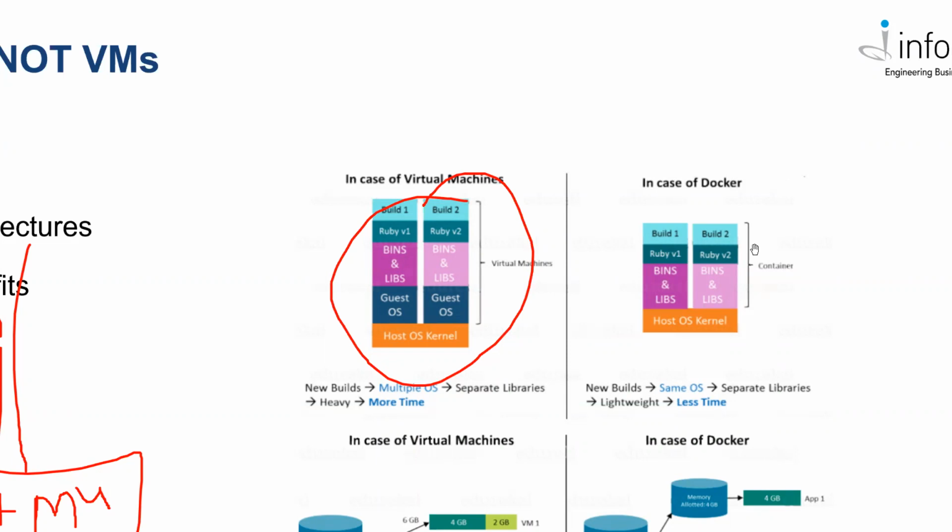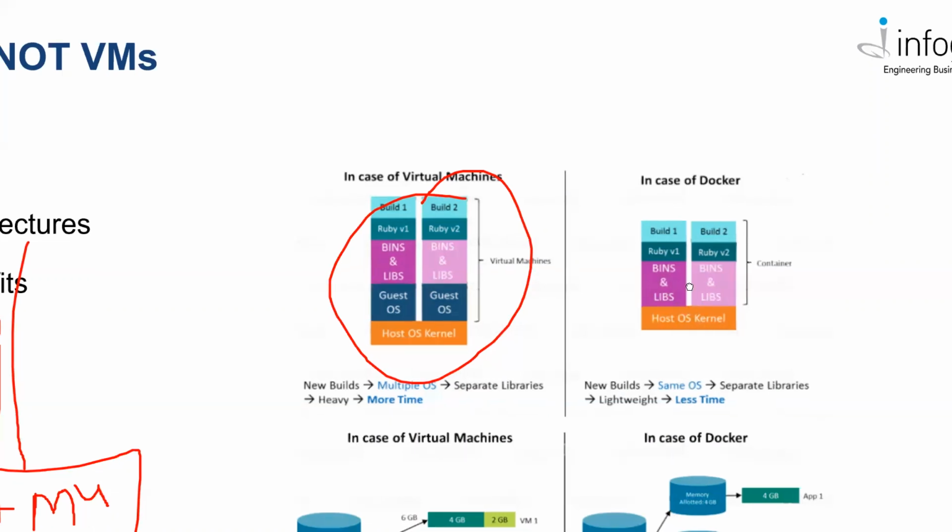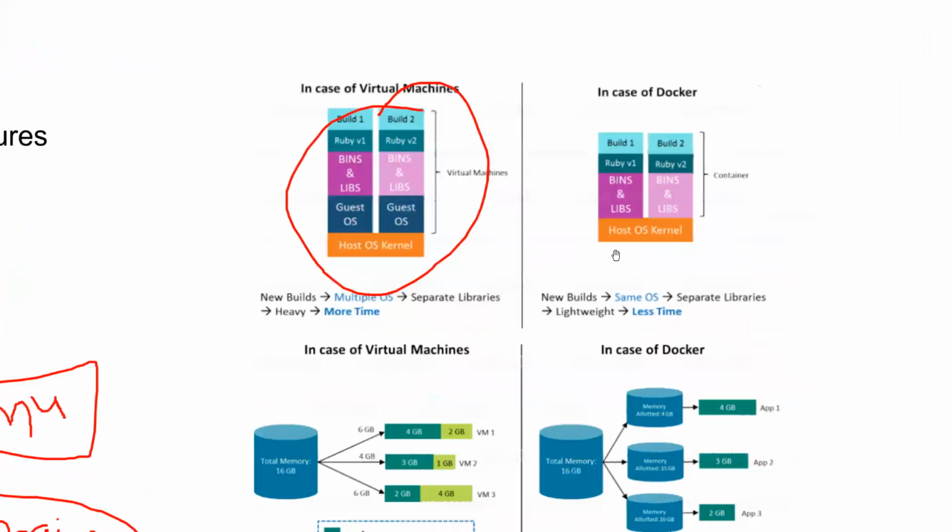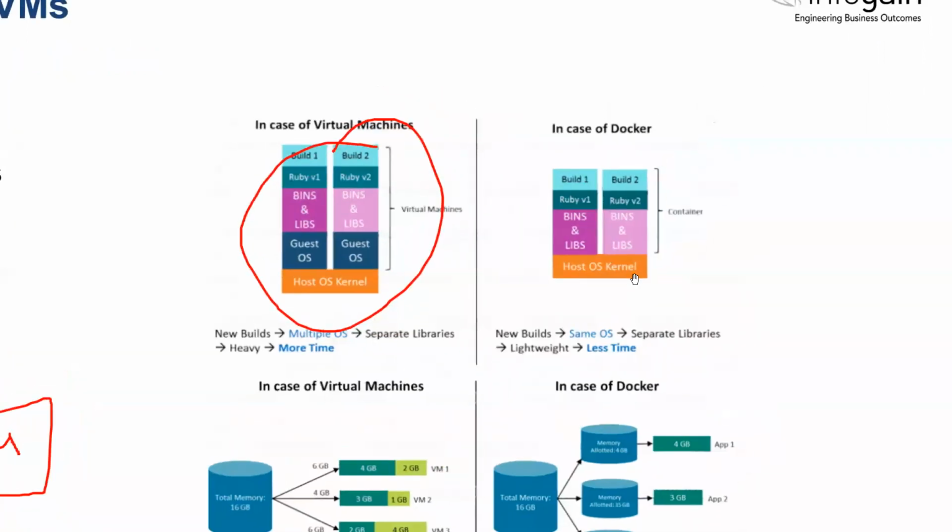Whereas on the other side, you can see here, the container does not require any sort of guest operating system. Why, guys? Because here the virtualization happens at the operating system level. The major difference is, in the virtual machine concept, the virtualization happens at the hardware level, and each new hardware set requires an operating system to get it working.